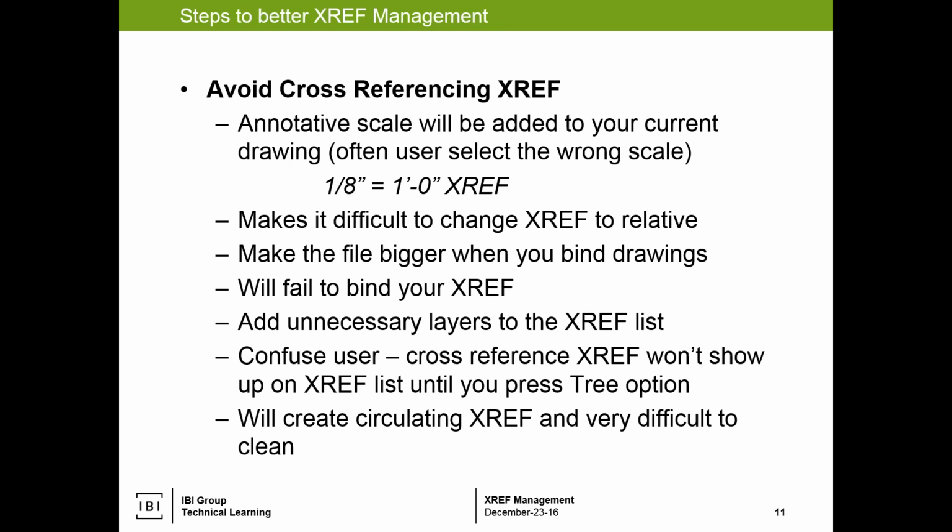Also, I'm noticing that when you start doing a lot of cross-referencing, it will start to fail to bind your XREF. I'm noticing this a lot in recent projects. People keep asking why my XREF failed to bind. It's because you have too many XREFs cross-referencing each other. Sometimes it will also add unnecessary layers to your layer list, so the list gets longer and longer.